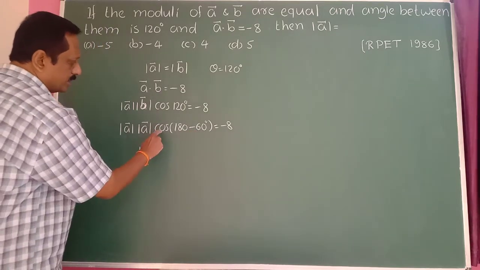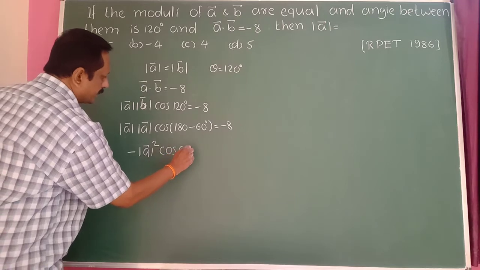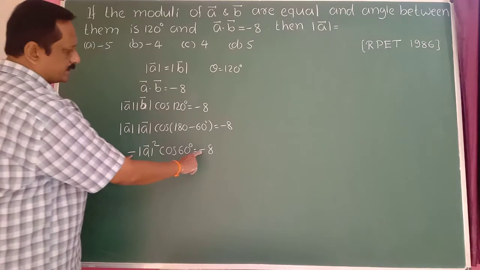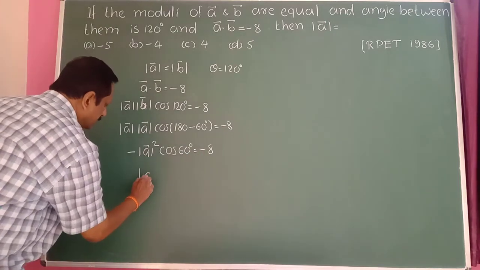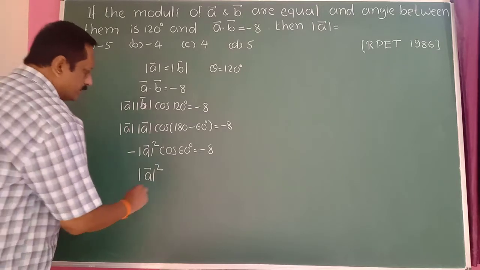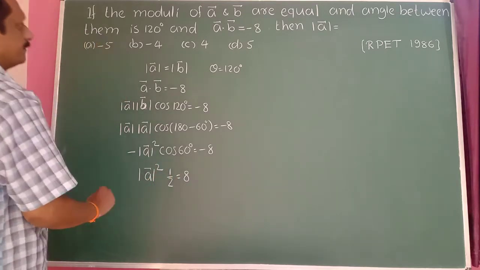In the second quadrant cos is negative, so minus cos 60 degrees is equal to minus 8. This minus becomes a plus here. Modulus of A bar square into 1 upon 2 is equal to 8.